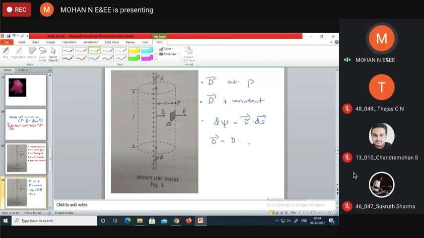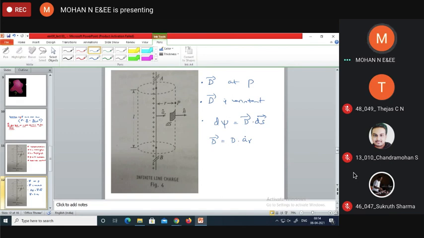That means the D vector and the field will be parallel always, as per our discussion. So the flux density and the field intensity will be in the same direction. The field intensity will be perpendicular to the line charge. So the vector perpendicular to the line charge is your aR cap.